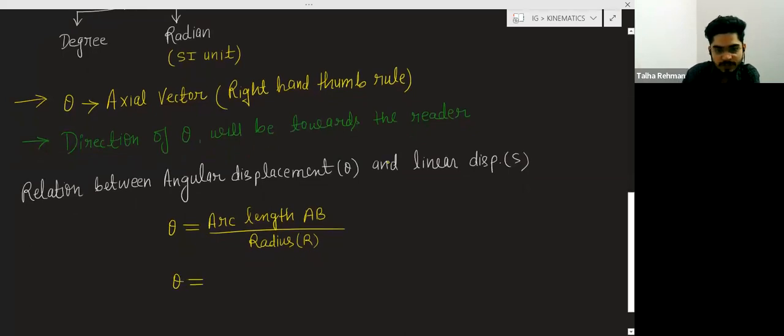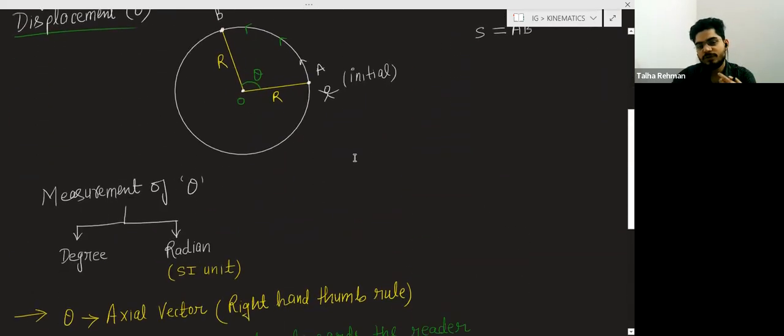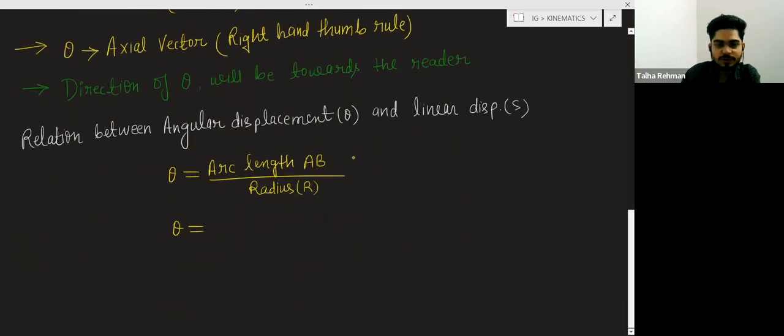Theta is the angle, and arc length is this length AB. So this S is related to your angular displacement.